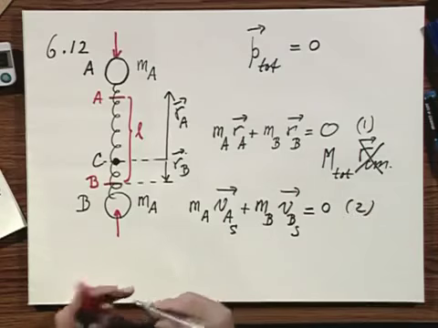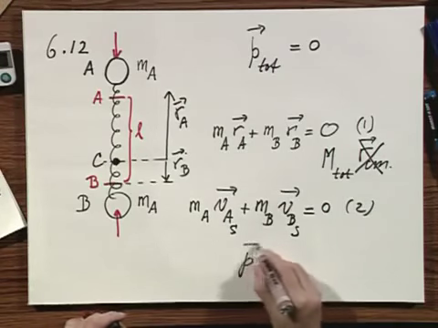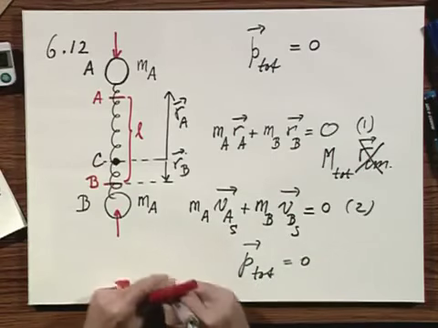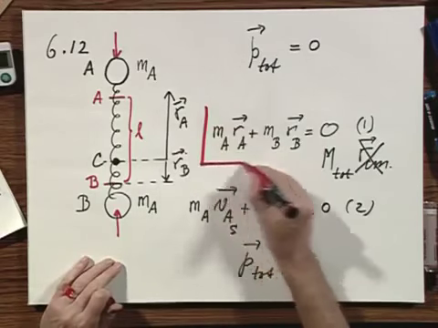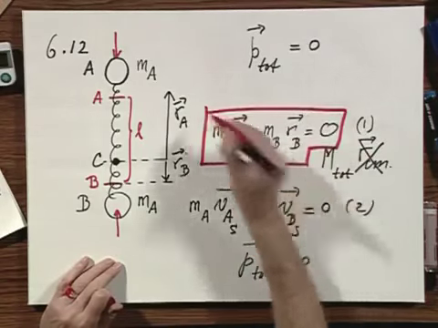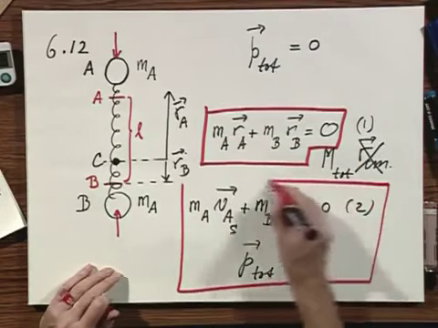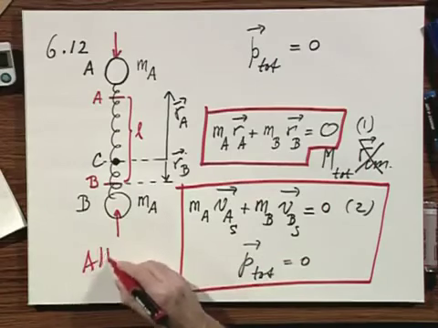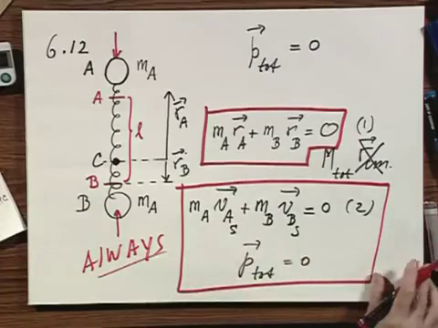That's equation 2. And what do you see here? That this equation is exactly saying P total equals 0. So it is important that you always recognize this throughout the entire motion. This has to be obeyed, always, at any moment in time, the center of gravity has to stay in place.